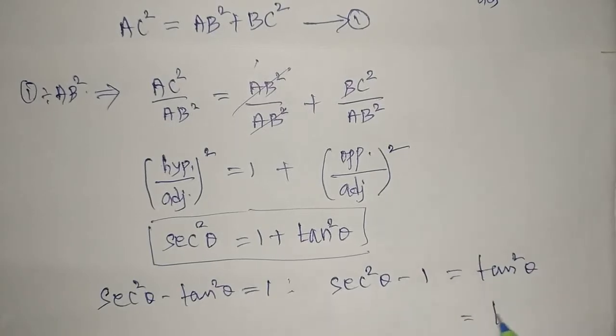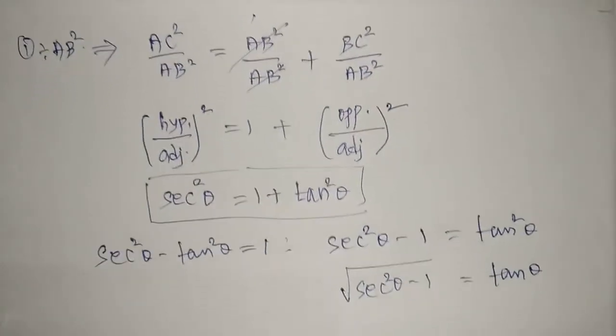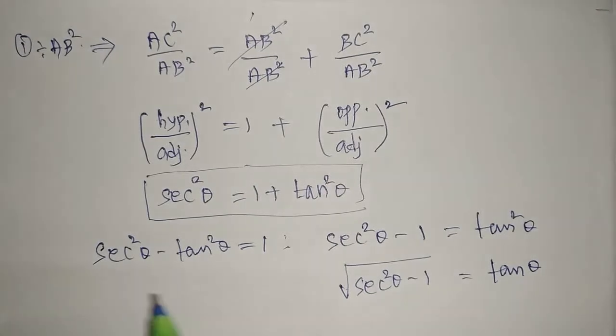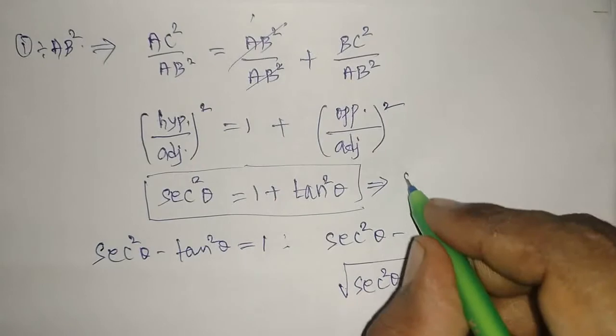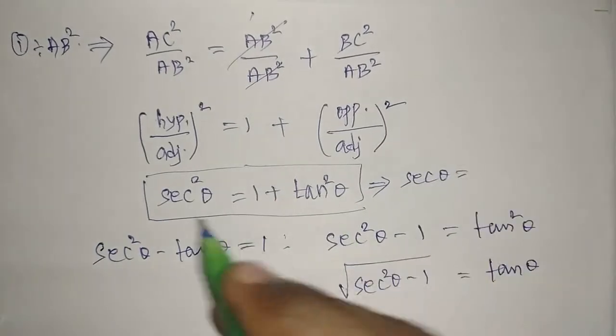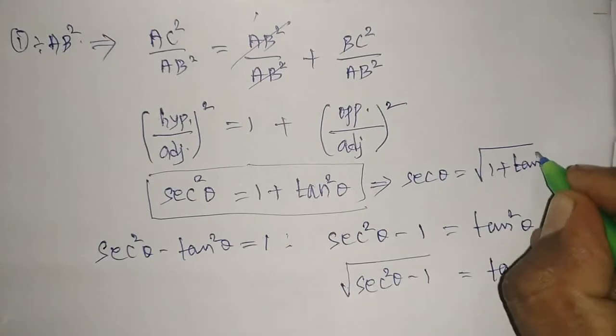If you want only tan theta, send the square opposite, then we will get the square root of secant square theta minus 1. And from here, if you want only secant theta, send the square opposite, then you will get the square root of 1 plus tan square theta.